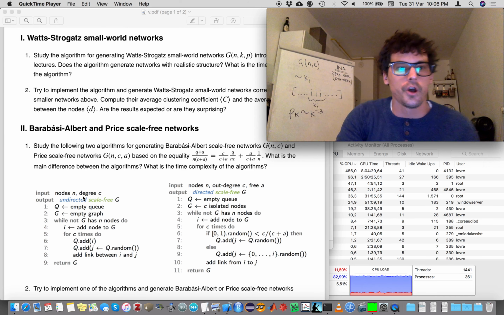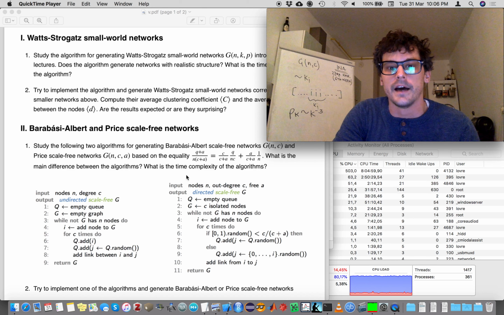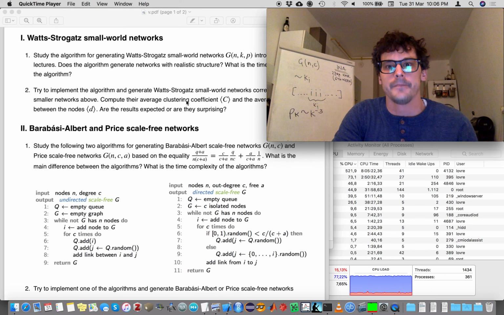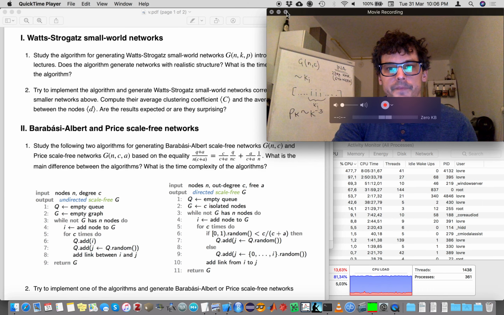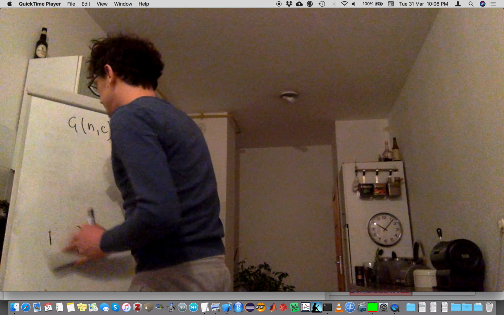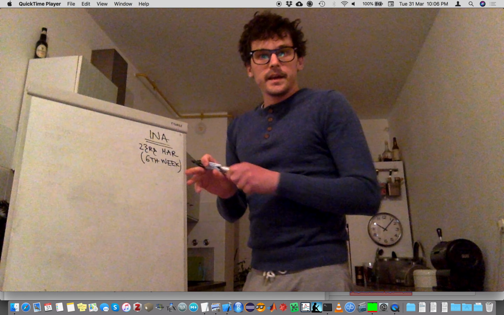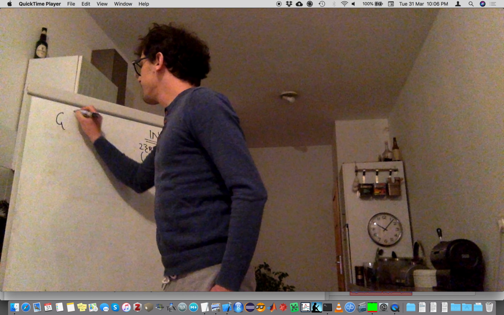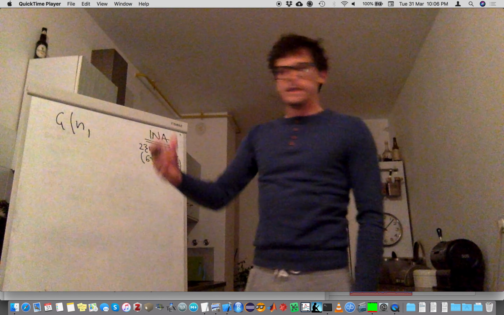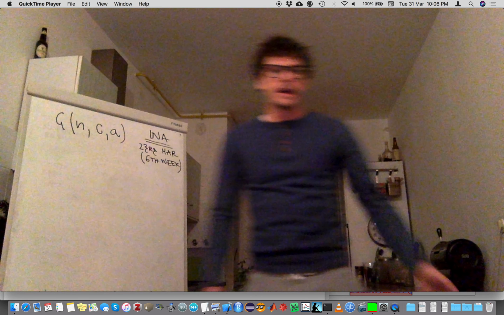Now let's also move to the Price model, where we generate a directed graph with parameters n, c, and a. And let's again move to the blackboard. We are generating a Price model graph with n nodes, where each new node creates c outlinks, c directed links, and we have another parameter a.